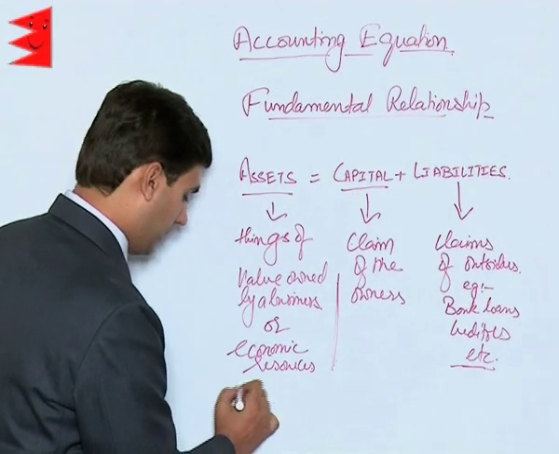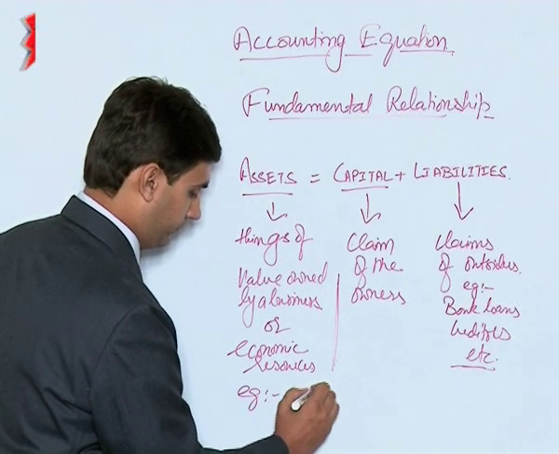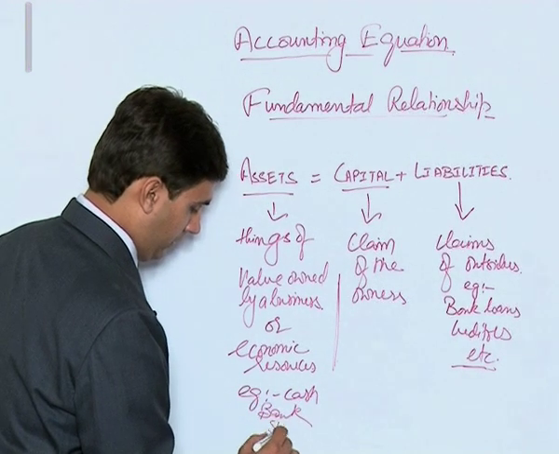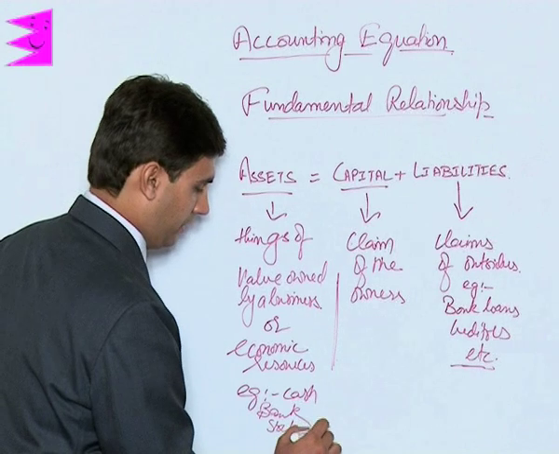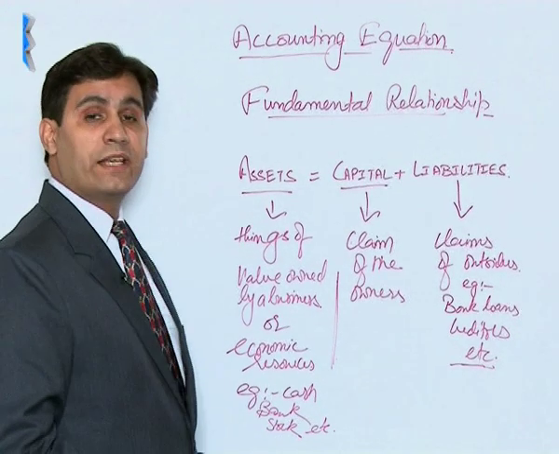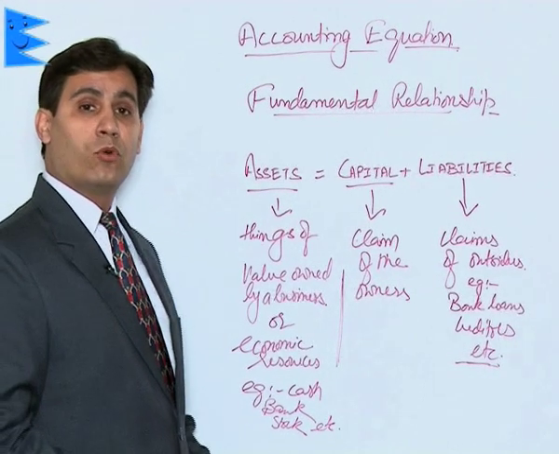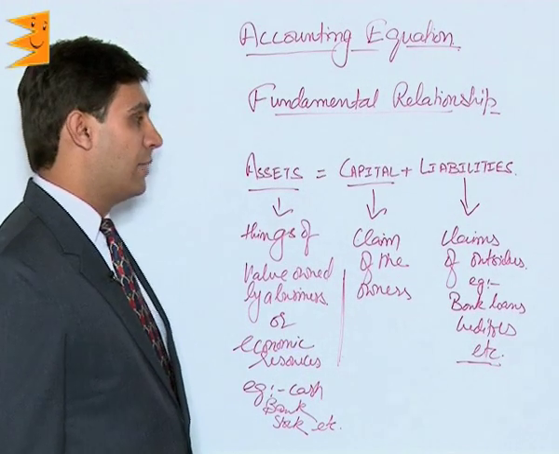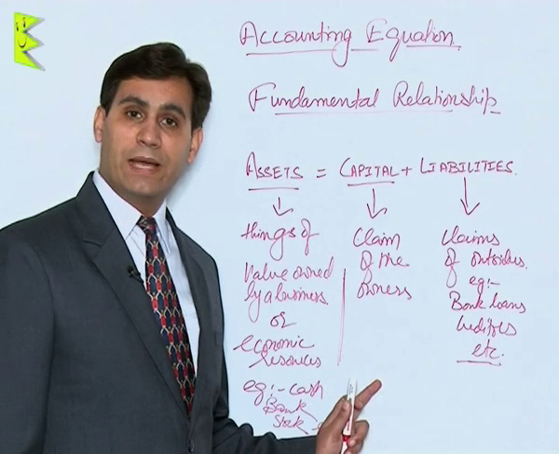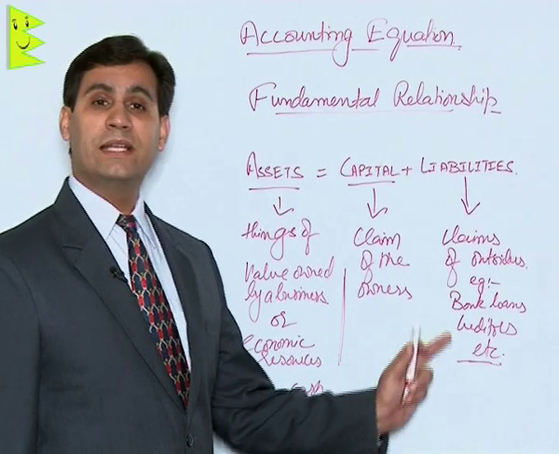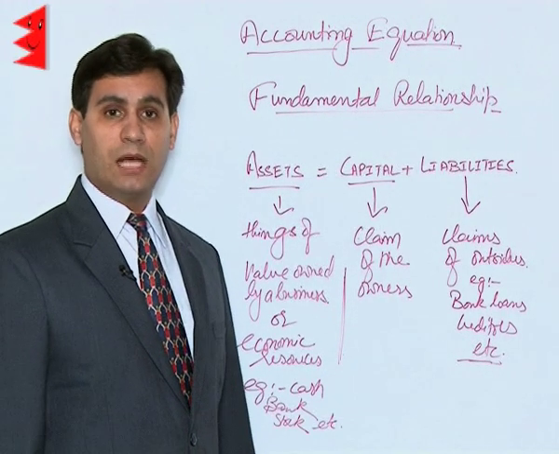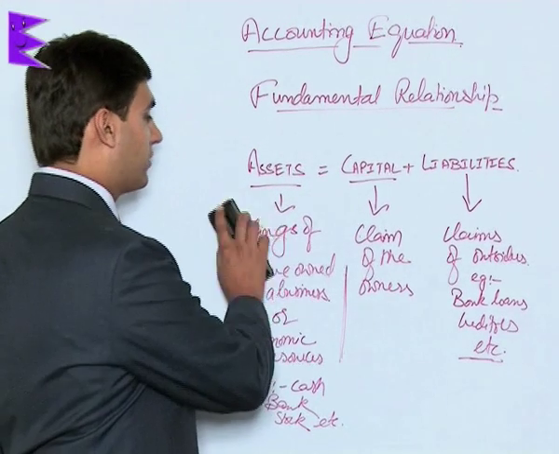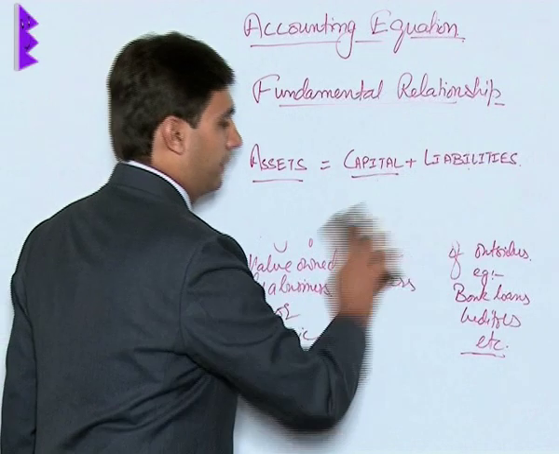They include cash, bank, stock, etc. So now what accounting equation says is that whatever the resources are there in the business, these resources are a sum total of the money invested by the owner and the money that the business has borrowed from the outsiders. This accounting equation also illustrates the double entry concept.